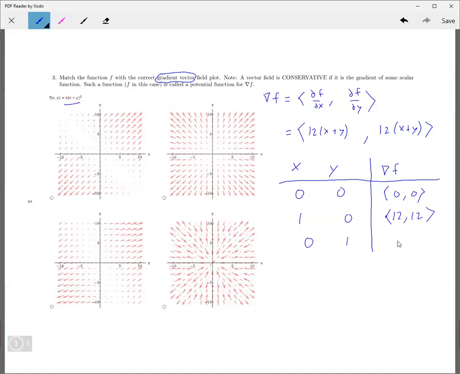And if you put a 0, 1, that's also going to be 12, 12. Okay, and 12, 12 points this way, in the same direction as the line y equals x. So, this is weird.